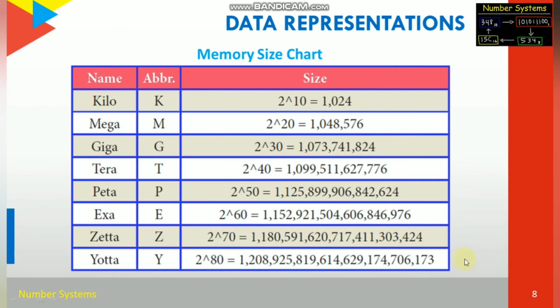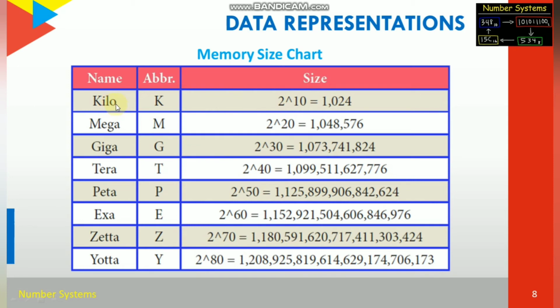If you see this memory size chart table, they may ask you a 1 mark question from it. For example, they may ask 2 power 70. Okay, so 2 power 70 is zettabyte. They may even ask 2 power 30. The name of that memory is gigabyte. So you just go through this.